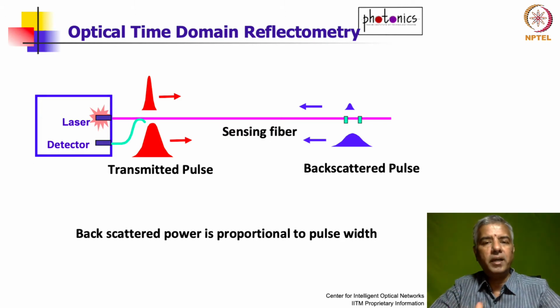But if you want high spatial resolution, you need to send a thinner pulse, meaning a short pulse, and in that case you're not going to be able to go very far down the fiber, or the signal to noise ratio that you get at a farther part of the fiber is going to be quite low. So it's always a trade-off between the signal to noise ratio and the spatial resolution.